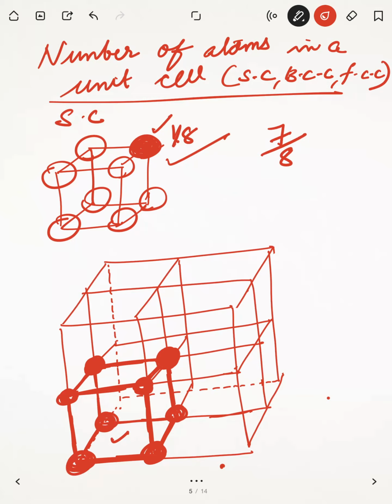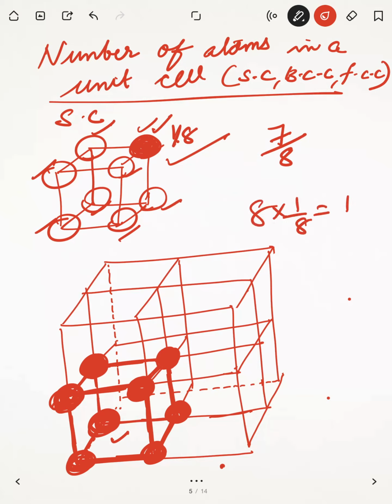Like this, 8 corner atoms, atoms, ions, whatever it is, are there. From each corner, only 1/8 portion is in this particular unit cell. Like that, 8 into 1/8, only one atom is present in this unit cell.